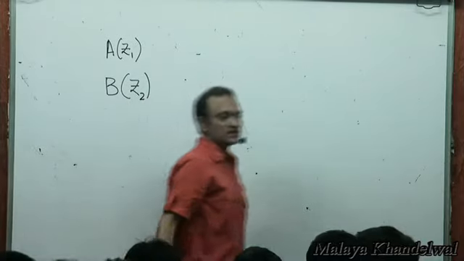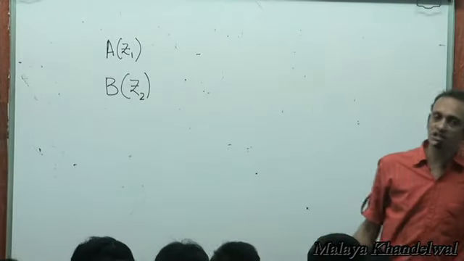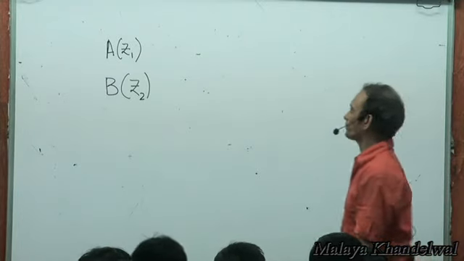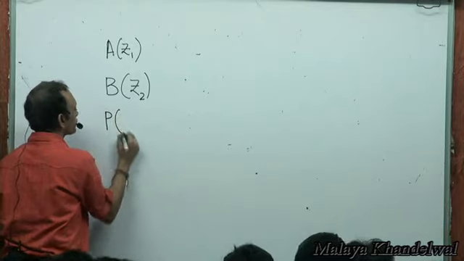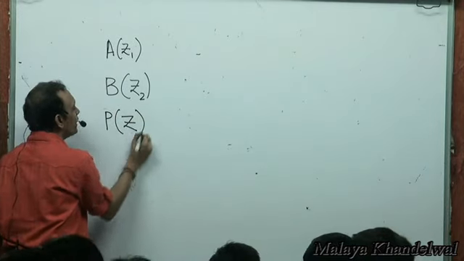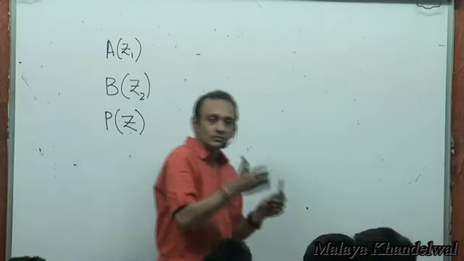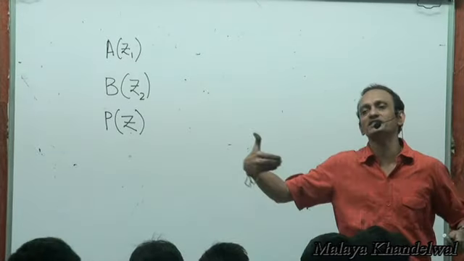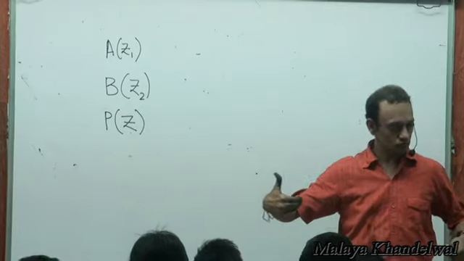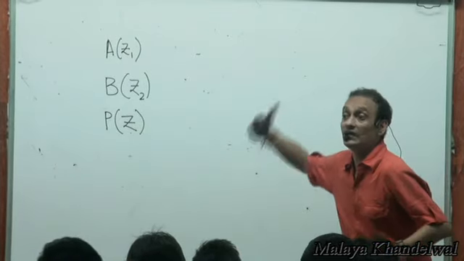A with position vector Z1, B with position vector Z2. And there is a moving point P. P is a moving point with position vector Z. There is a locus associated with Z. A and B are two fixed points with position vectors Z1 and Z2, whereas P is a moving point.